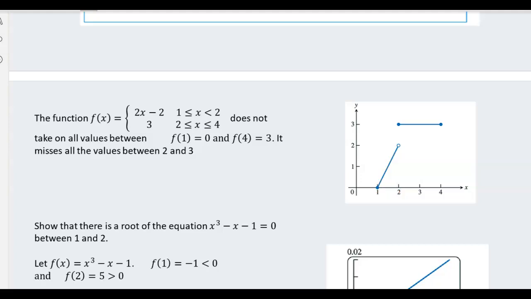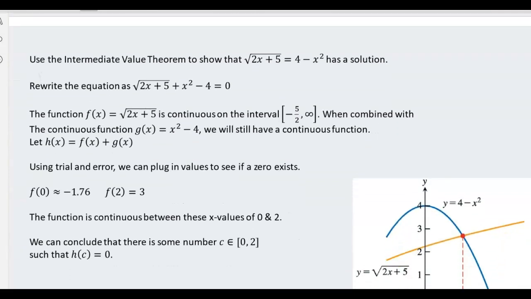And it doesn't take on any of the values here. Wait, between 2 and 3? Oh, this means the y values. This is talking about the y values, right? Kind of obvious because it's a simple graph.